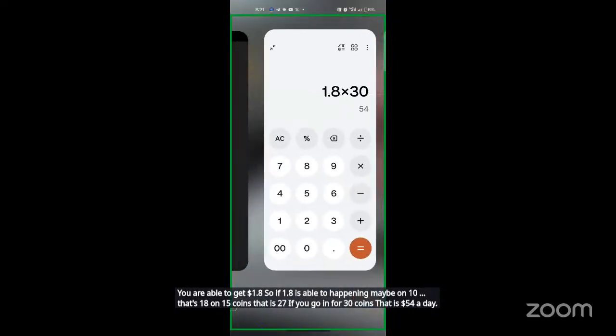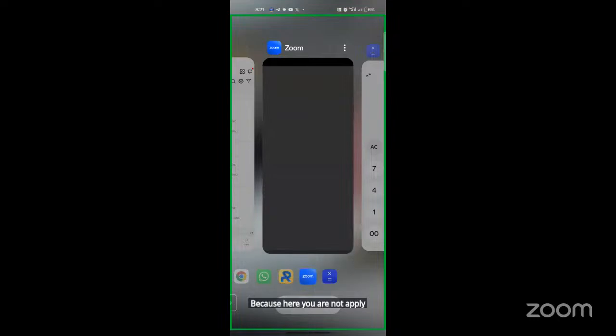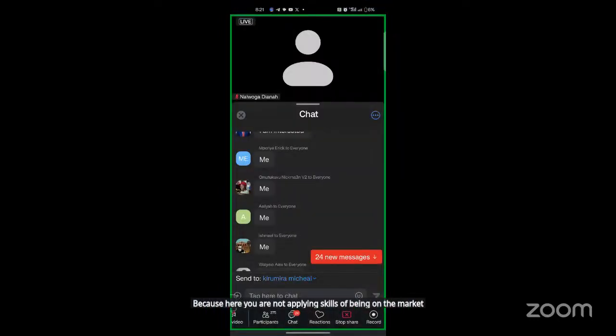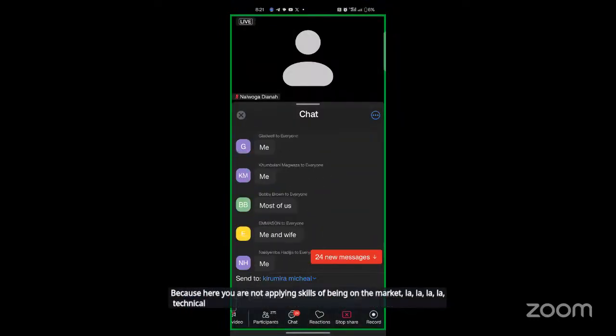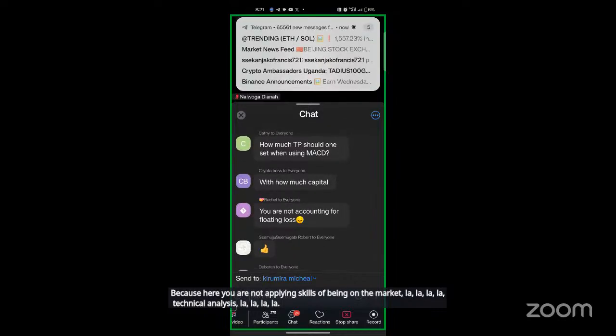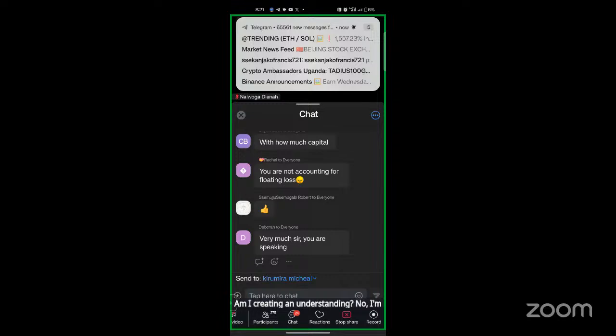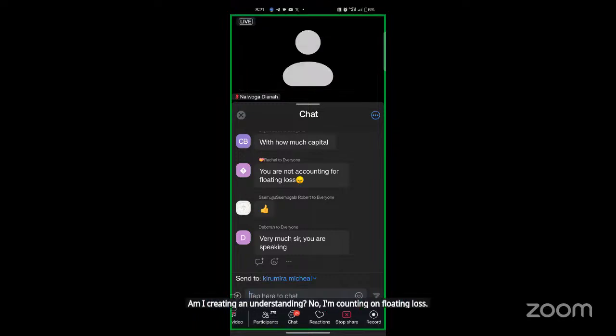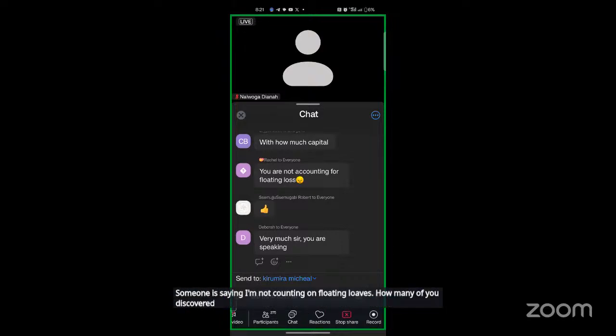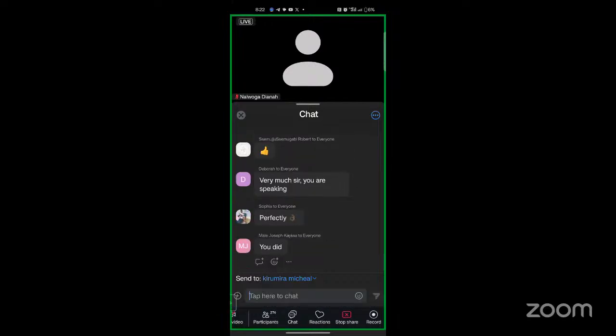Because here you are not applying the skills of being on the market or technical analysis. Am I creating understanding? Someone is saying I'm not counting on floating loss. How many of you discovered that I'm counting on floating loss? I know it is there.